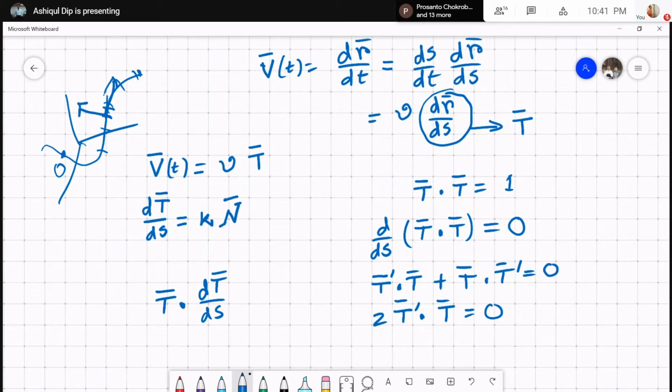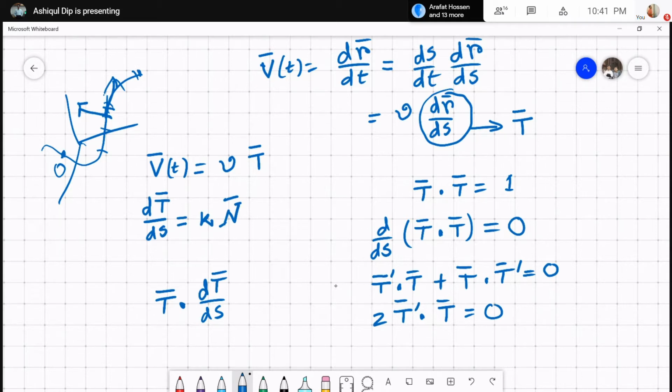But still, it defines a plane, because t and n define a plane. Any vector perpendicular to t defines a plane. That's true.